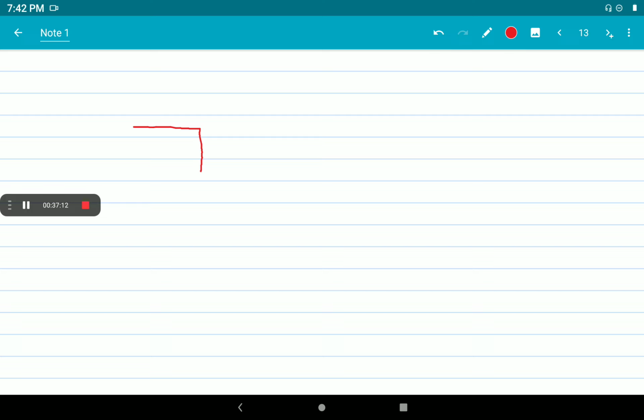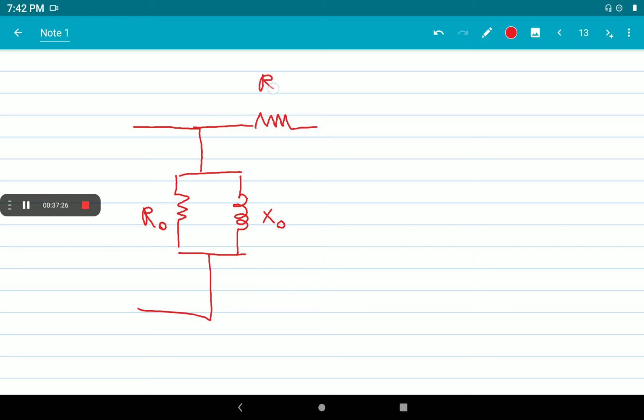In the simplified equivalent circuit, the magnetizing component you should draw in parallel, R0 and X0, and R01 and X01 in series with the circuit and the load ZL dash.